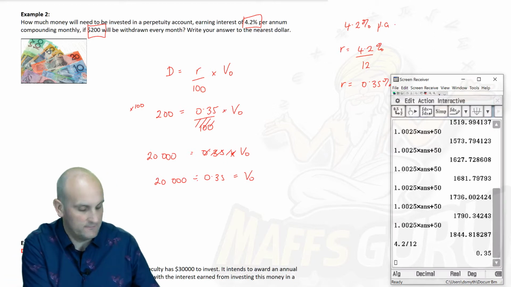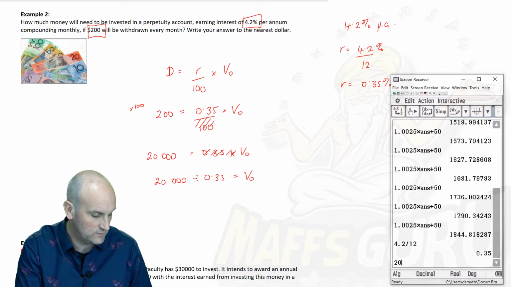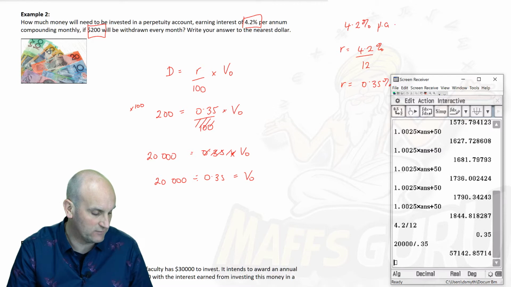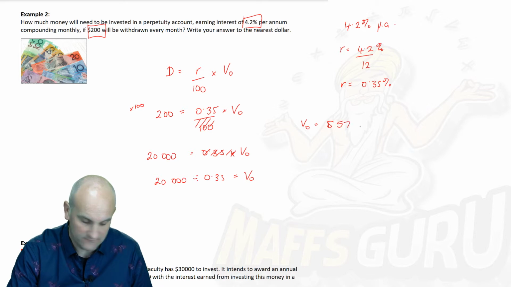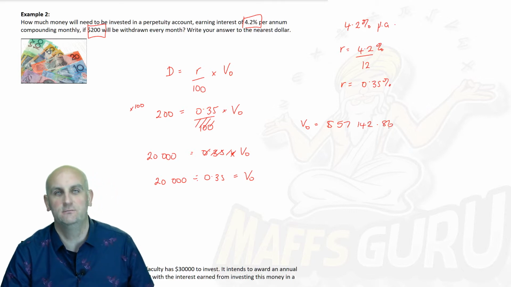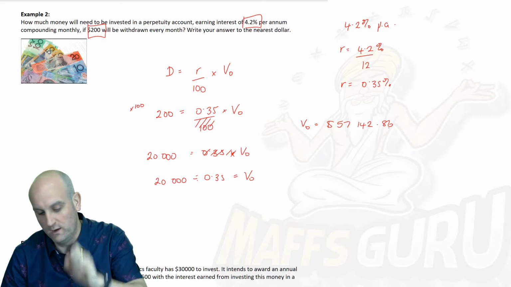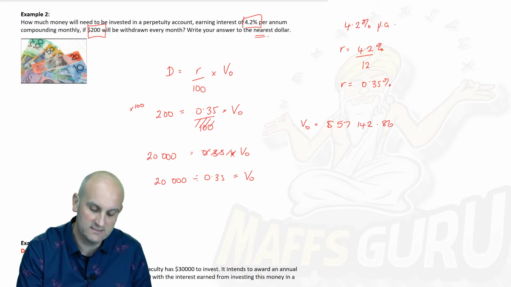Again, I can't work that out in my head, so what I'm going to do is 20,000 divided by 0.35 gives me the staggering value of 500. So we know my V0 is $57,142.86. End of question, moving on. But no, because the question said to the nearest dollar.